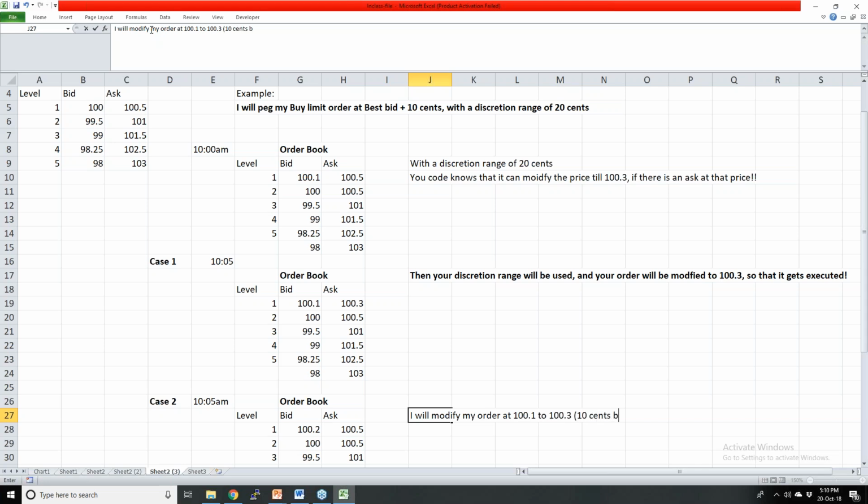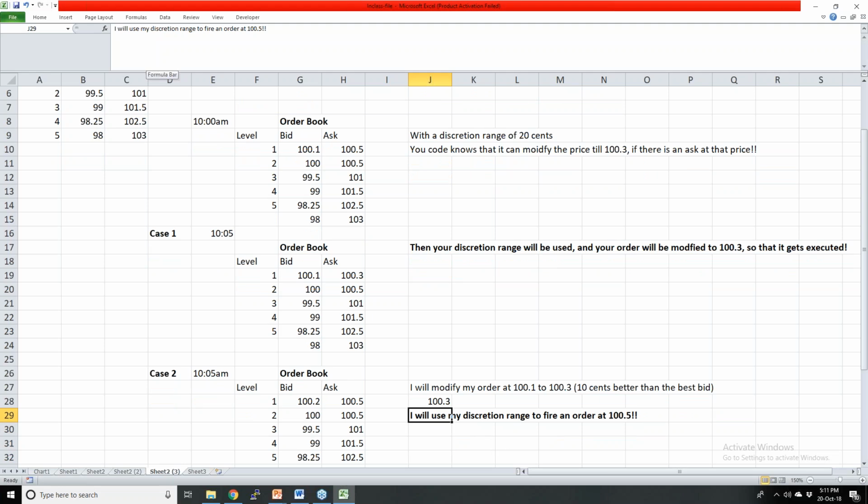Because this is 10 cents better than the best bid. And so as soon as I come to 100.3, I will use my discretion range to fire an order at 100.5. So with this, I will actually get a trade at 100.5. But this is blending of discretion and pegging. Is this clear?